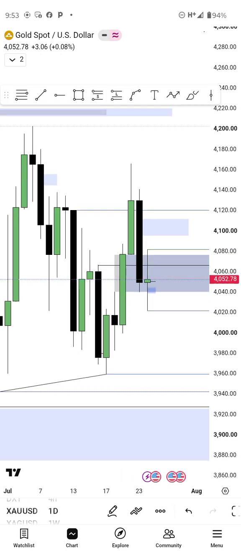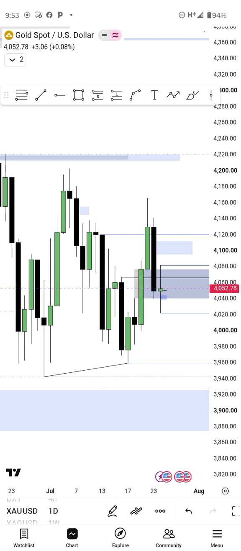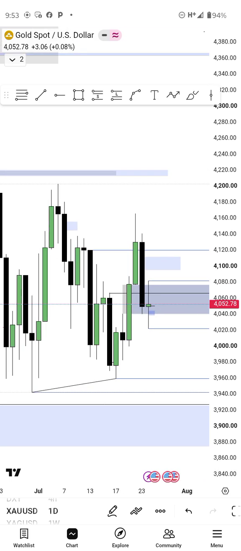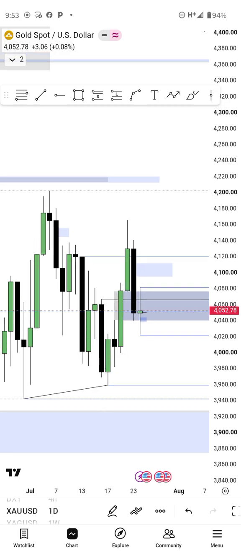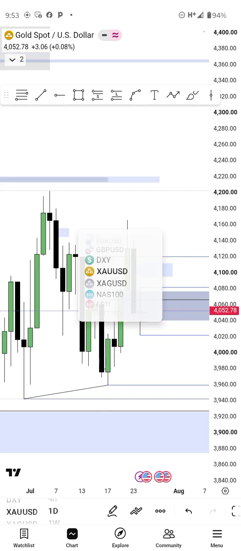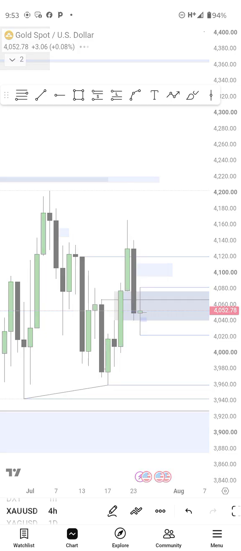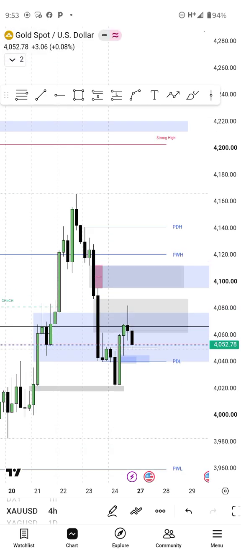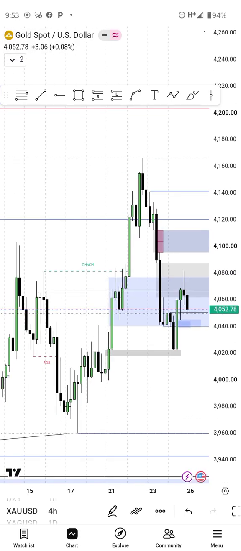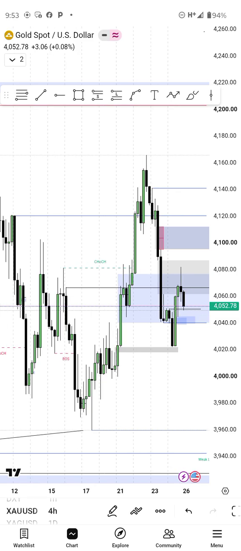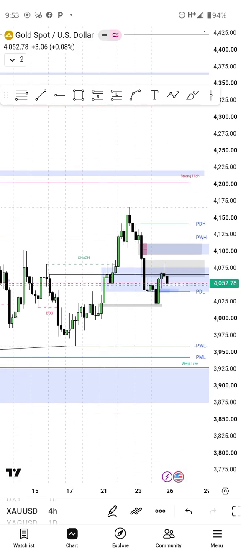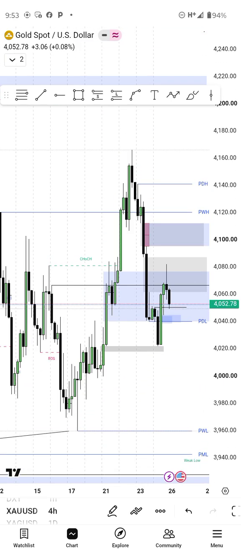That's relative strength, that price is willing to go up. So from Monday we can start looking for buys on gold, because price is in a discount and it has changed state in delivery.